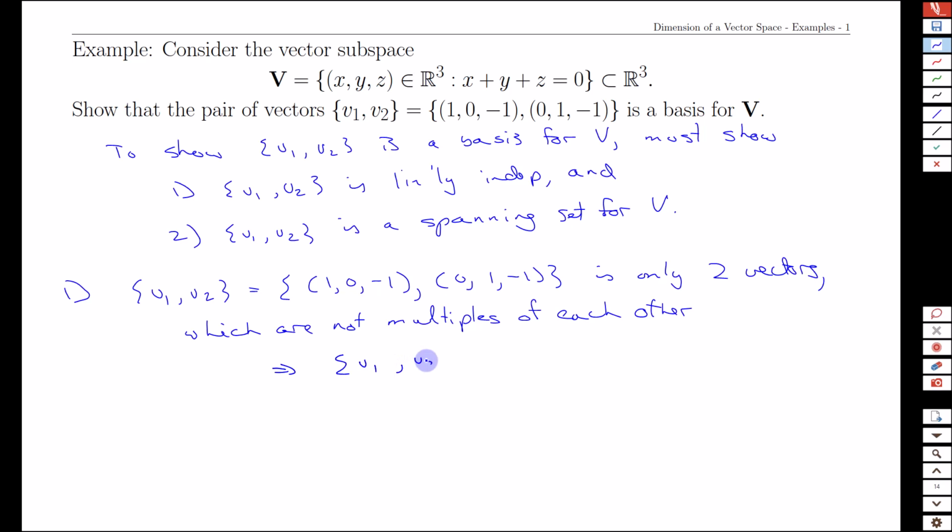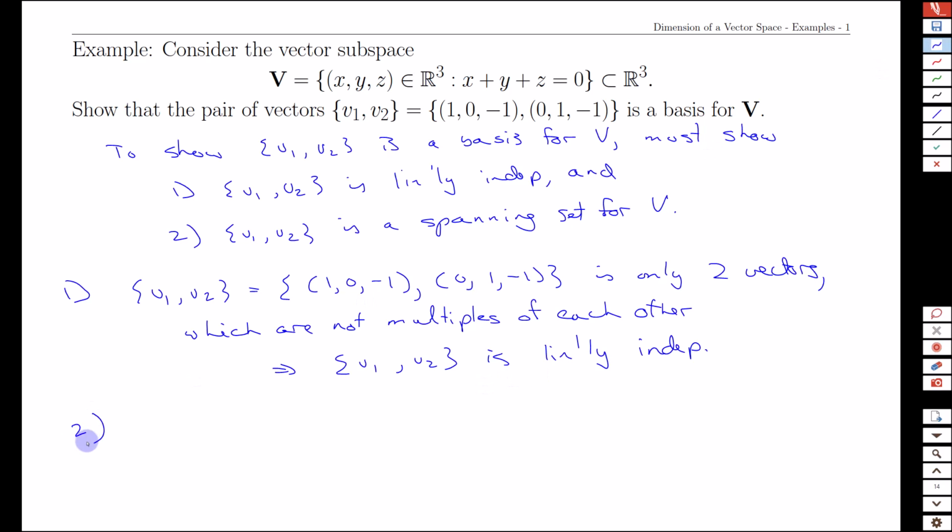If we have a two-element set, linear independence is really easy to check. Done. So property 1 here is proven. Notice if we'd had 4 vectors, we'd have to do something more complicated, but here it's just 2 vectors, so we can take this shortcut.